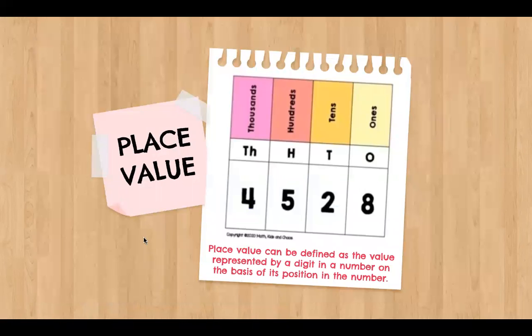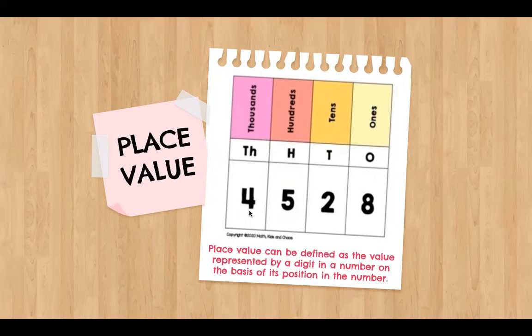But before we get into rounding, it's very important to understand place value. You all have been working on place value, so I'm pretty sure you understand, but let's give you an example. Place value can be defined as the number represented by a digit in a number on the basis of its position in the number. So what does that mean? It means that every digit has a place value.